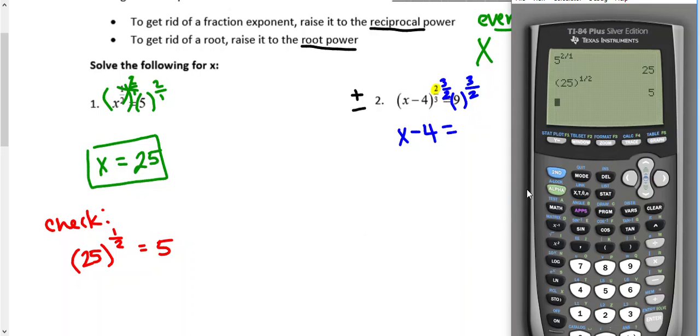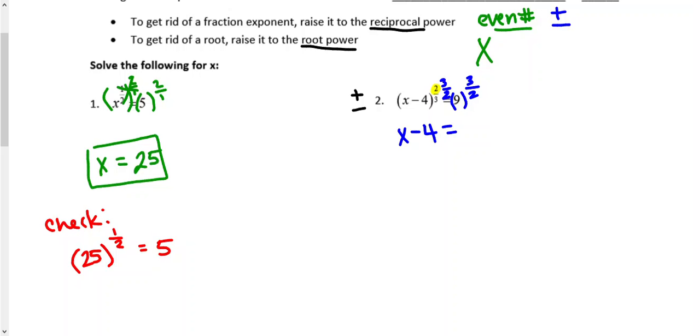This is when I use my calculator. So 9 to the 3/2 is 27. This is where we put our plus or minus. So x minus 4 equals plus or minus 27. This is how we create two problems, because it equals positive 27 and negative 27.